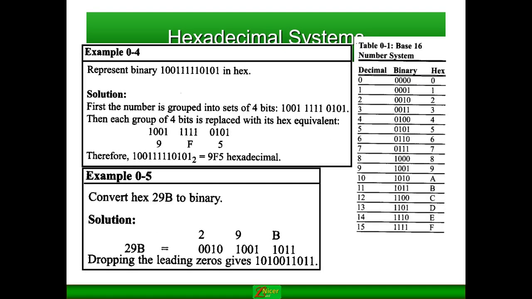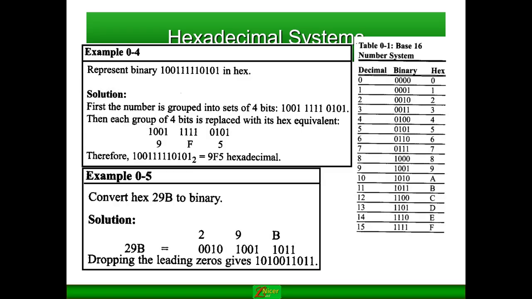Then we have our hexadecimal system. Here we can represent these binary digits in hexadecimal. We just group 4 digits of these binary numbers, and we always start from the right side and make groups from the right side.